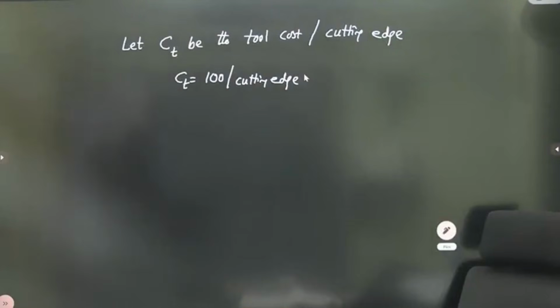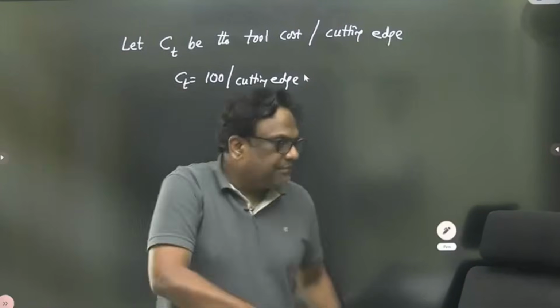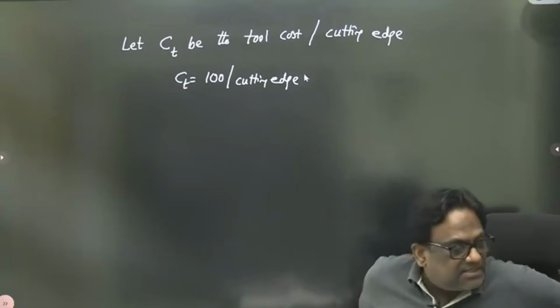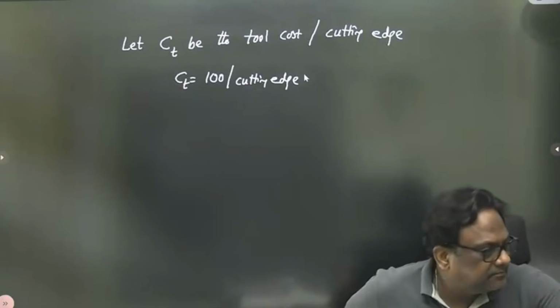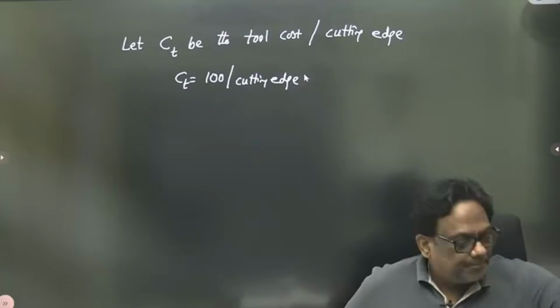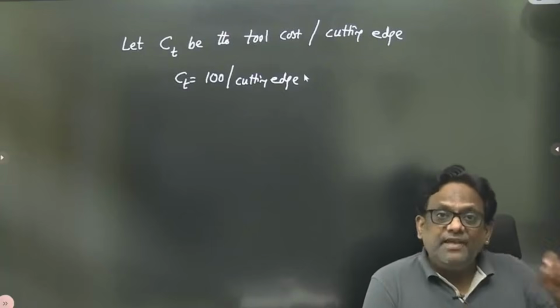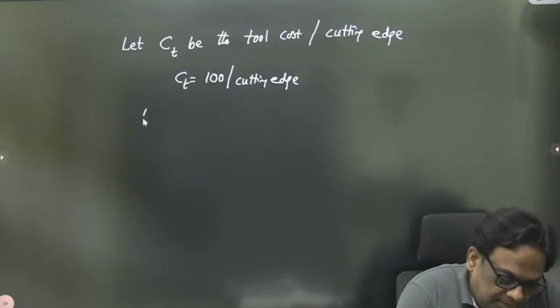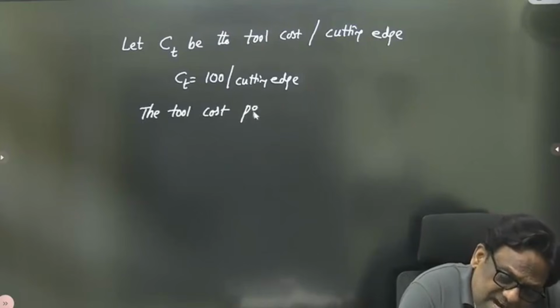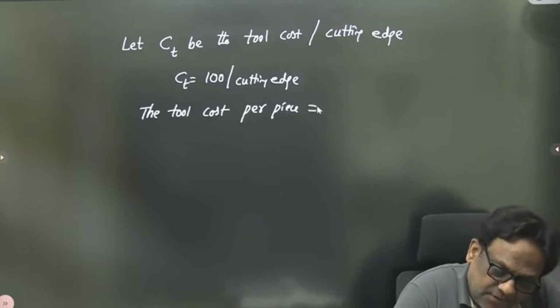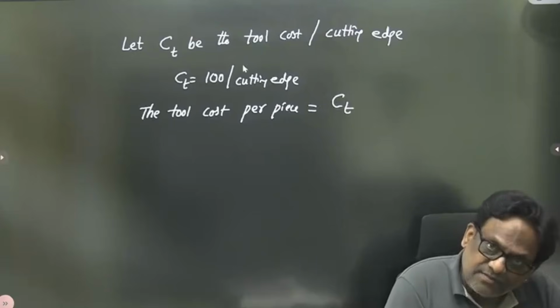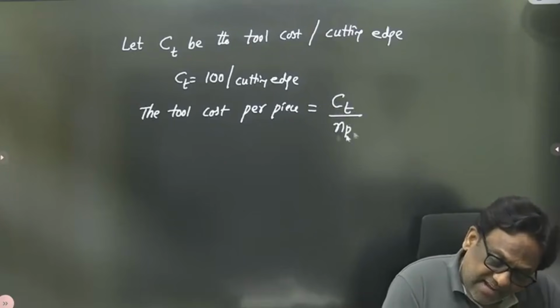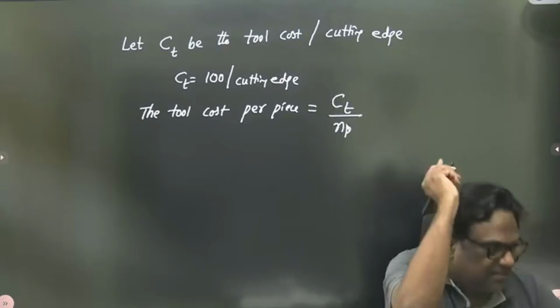Does everyone understand this, sir? If he is giving per edge, my brothers and sisters, I should not write per edge. So therefore now I write the tool cost per piece is equal to, this is for one edge, if I divide with the number of pieces, I will get the tool cost or grinding cost per piece.